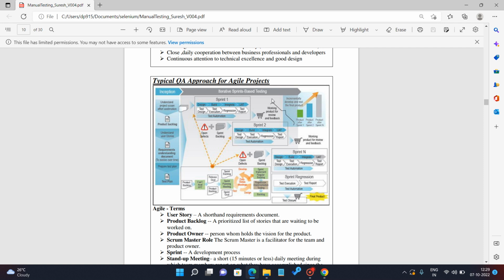The product backlog is a collection of requirements, created by the customer, end user, and stakeholders. That backlog includes the collection of requirements.